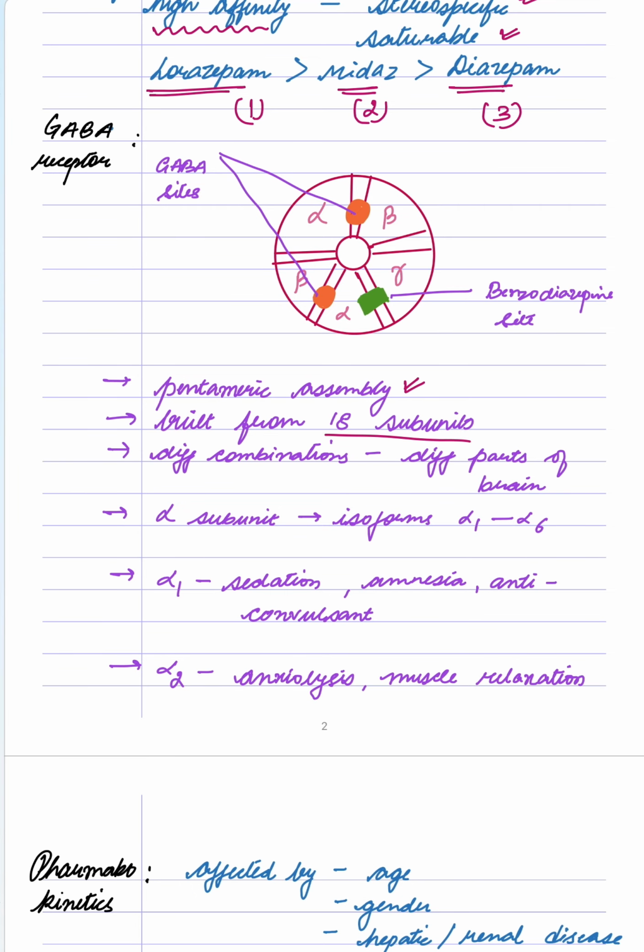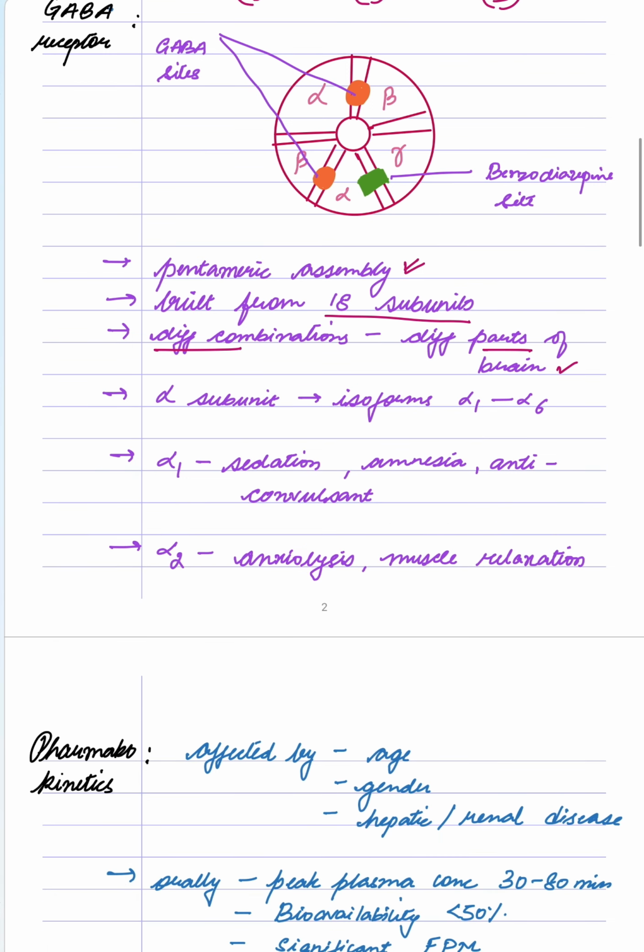It is built from 18 subunits, and these 18 subunits come in different combinations in different parts of the brain. The alpha subunit has 6 isoforms, alpha 1 to alpha 6. The alpha 1 isoform is responsible for its sedative, amnesic and anticonvulsant effects, while the alpha 2 subunit maintains the anxiolysis and the centrally mediated muscle relaxation.